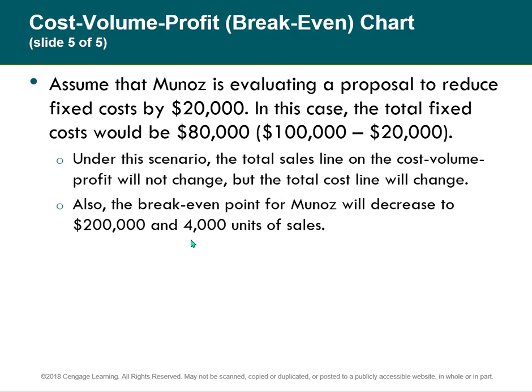Now let's change it a little bit. Let's assume that he's evaluating a proposal to reduce fixed costs by 20,000. In this case, total fixed cost would be $80,000. So now the total sales line doesn't change, but our total cost line changes. What changes is that starting point.